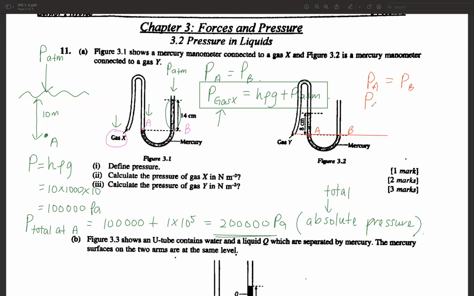So I write H rho G, that is the mercury column, plus you have gas Y coming in, right? You have gas Y coming in, so you have no atmosphere, so this is P gas Y equals PB, which is just atmospheric pressure. You have this, then you can calculate gas Y using that equation.